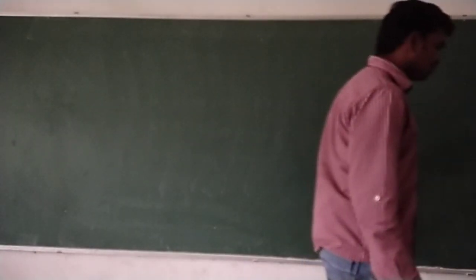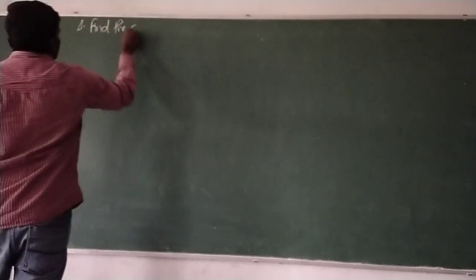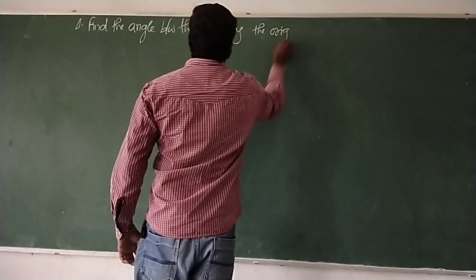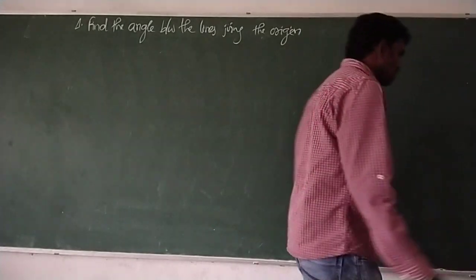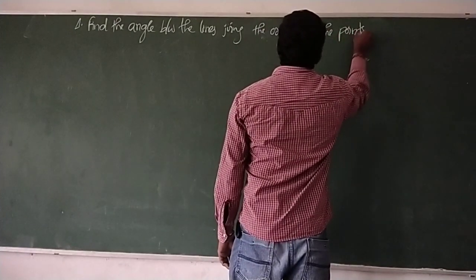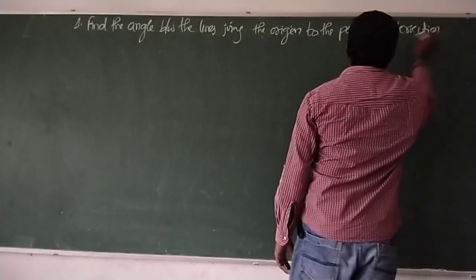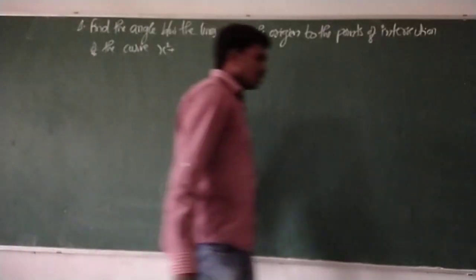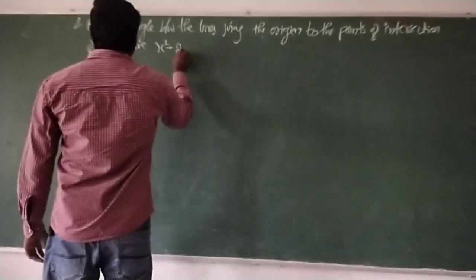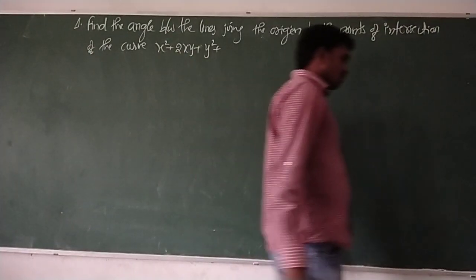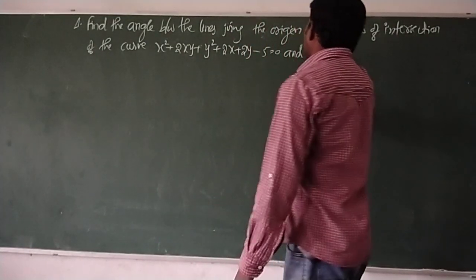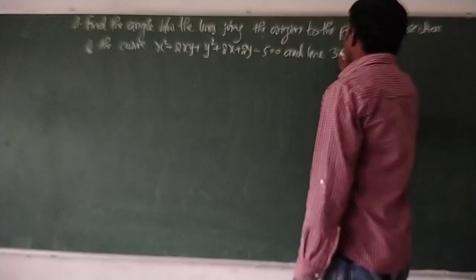The first problem is: find the angle between the lines joining the origin to the points of intersection of the curve x square plus 2xy plus y square plus 2x plus 2y minus 5 equal to 0 and the line 3x minus y plus 1 equal to 0.